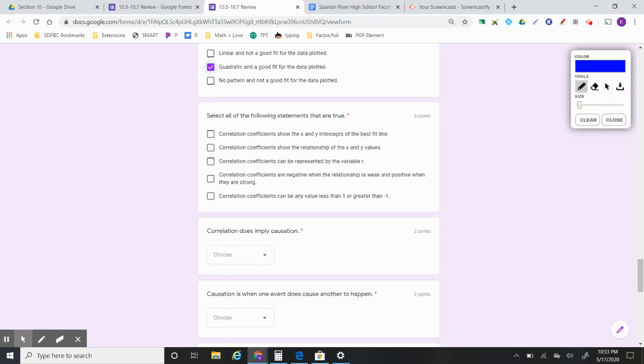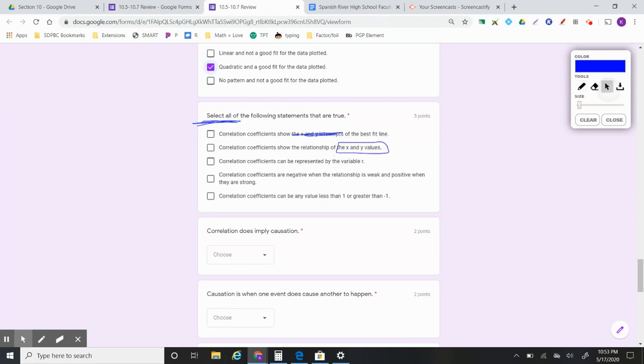Another select all question, meaning more than one answer. So this says correlation coefficients show the x and y intercepts. Not true. We've not been dealing with x or y intercepts. However, it's showing the relationship between some x and y values.